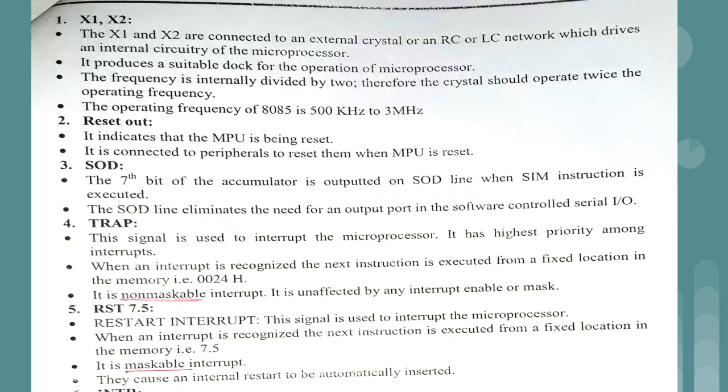We are going to learn about this specific instruction in chapter number 2, but for current purposes you just need to remember that there is a SIM instruction, and when we fire this instruction, the 7th bit of the accumulator, which, as we all know, is an 8 bit register, is outputted on SOD.